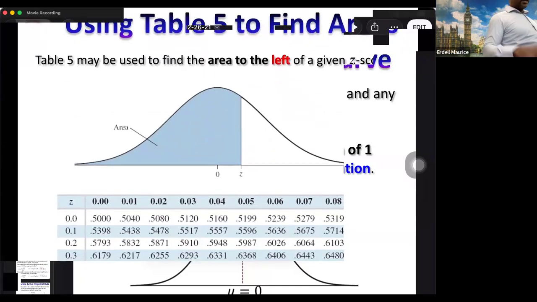This is why this class used to be hard. You see this nonsense right here? When I took this class, people used to just gawk at this nonsense and have no idea what this table means. And this was when we're to the left, and then later on they're going to ask you for the right, and then later on they're going to ask you for in between. Afterwards, people just say, you know what? I'm just going to get an F on this test.